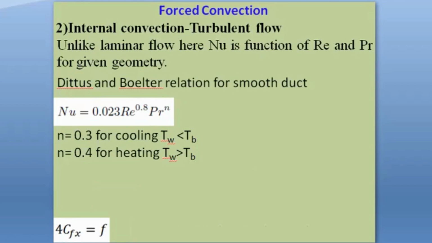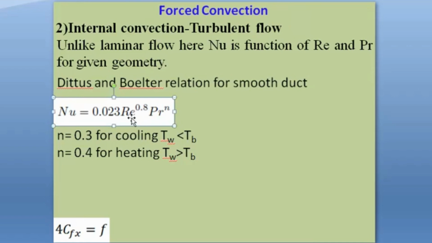But as soon as we go to the turbulent region, even the friction factor depends on the wall roughness. So it is not one relation, there are many relations. If you go with heat transfer also, there is a relation and it is not a constant value.